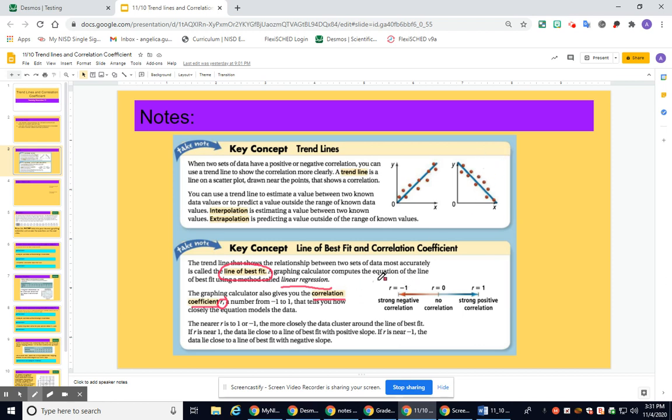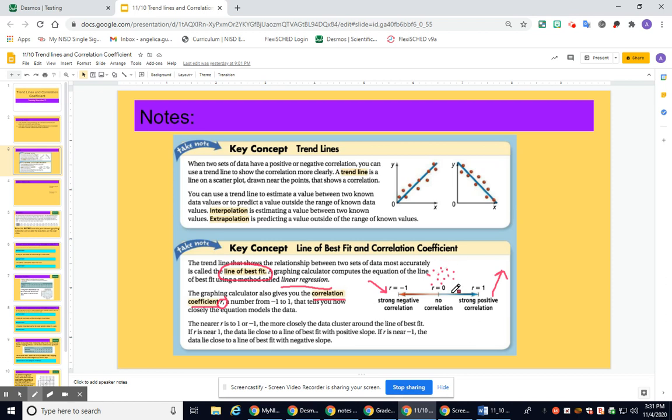It will be going down. When it's exactly one, a positive correlation going up. It's a positive slope here. When it's zero, that means our data is all over the place and there's no correlation between the data. For example, your shoe size and the length of your hair, that would be no correlation.